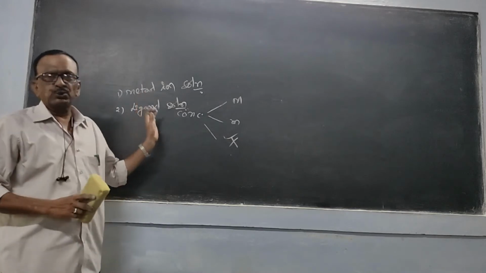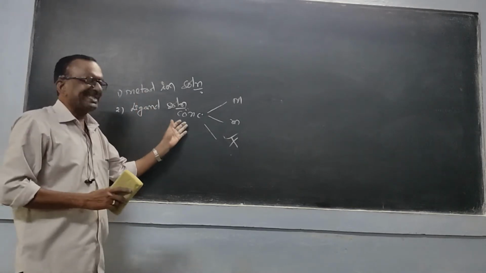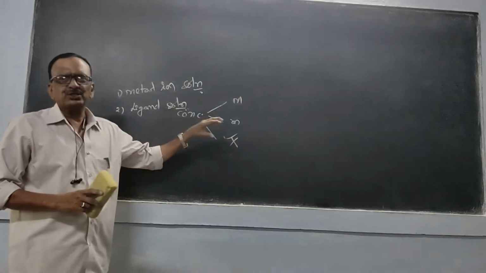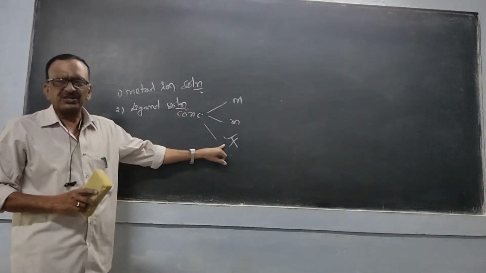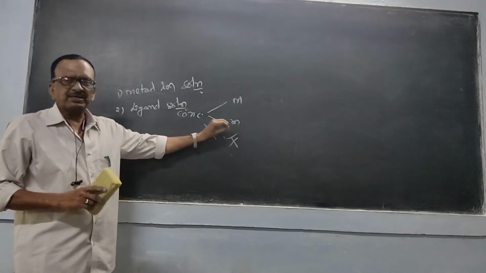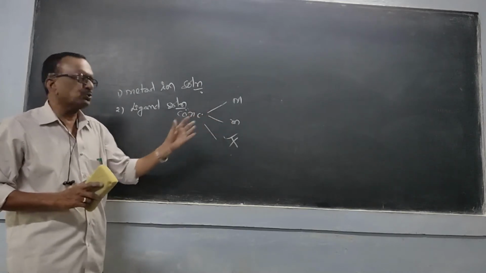So we are using the solutions, so definitely we must express their concentrations also. So here especially we are using this mole fraction. That is one of the methods for expressing the concentration of any solution.